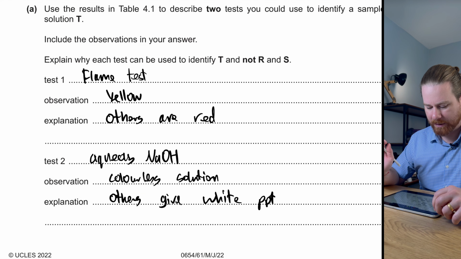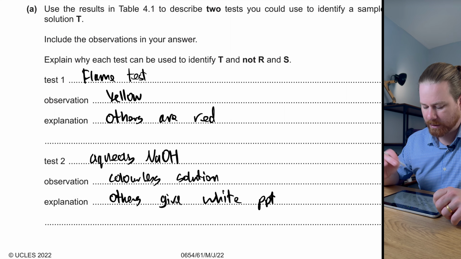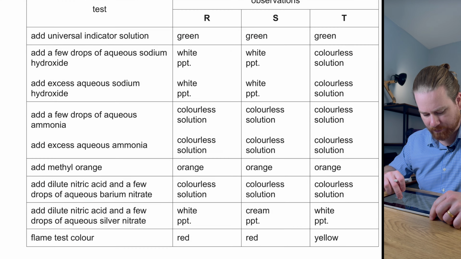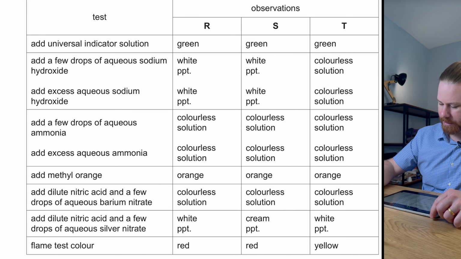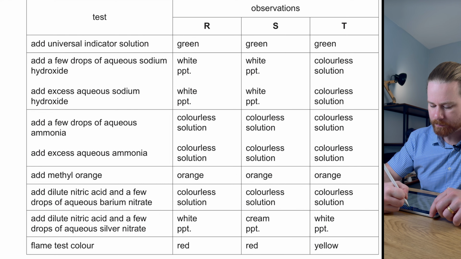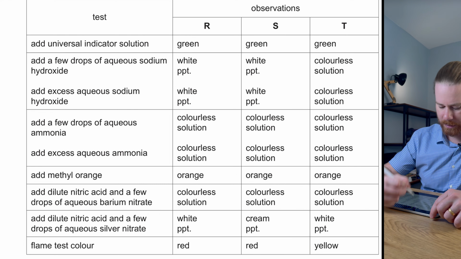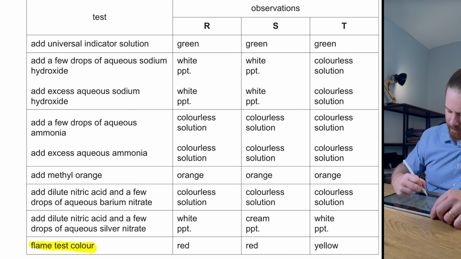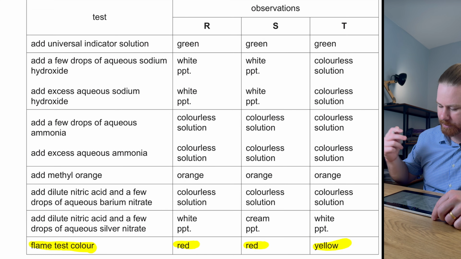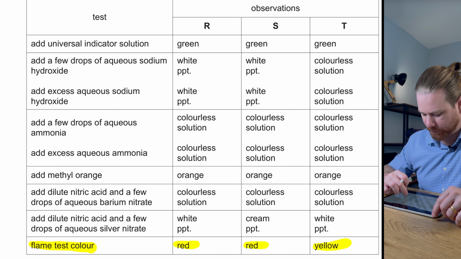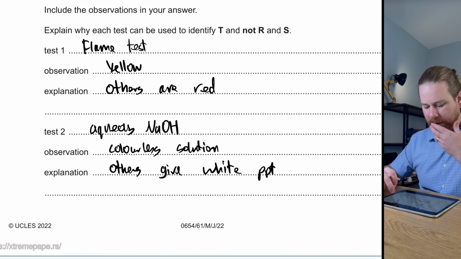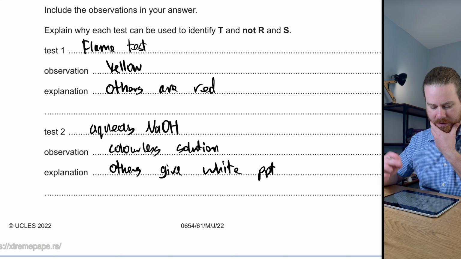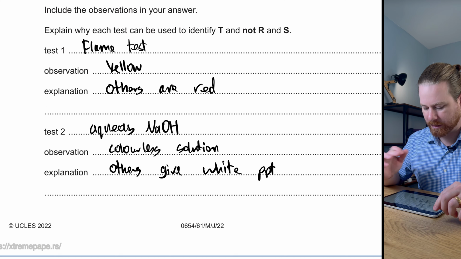So a flame test. Our flame test is giving us an observation of yellow. The others are red. So let's have a look here. There we go. So our flame test, these are the same, this is different, so we can use that to figure out we've got T. And our other one, aqueous sodium hydroxide, this is testing for cations.